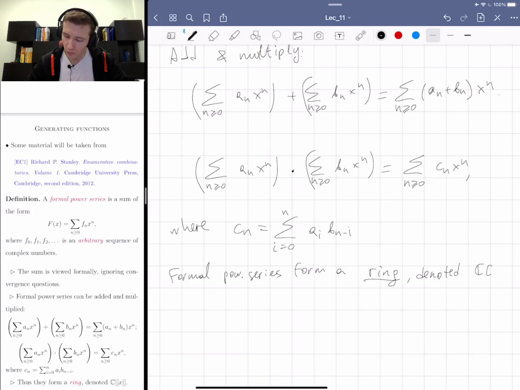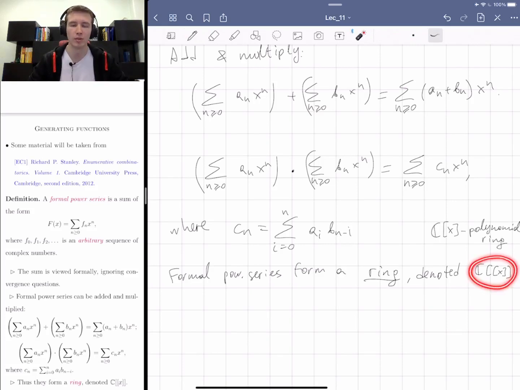What matters is the notation, which I'm going to denote C double bracket x. The usual bracket C[x] is the polynomial ring, and it is contained inside this double bracket formal power series ring.